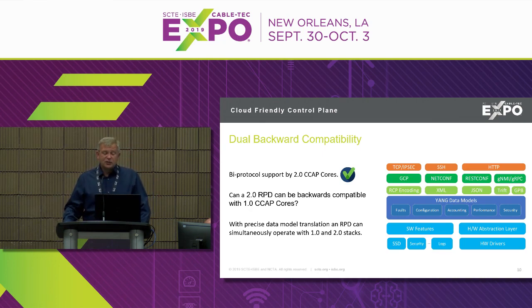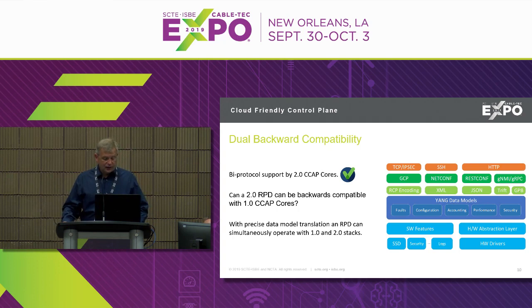With precise data model translation, it should be possible to have an RPD with a stack similar to what we are showing on the slide, where the RCP operates on top of the Yang models, and the RPD can simultaneously talk to 1.0 cores and 2.0 cores.